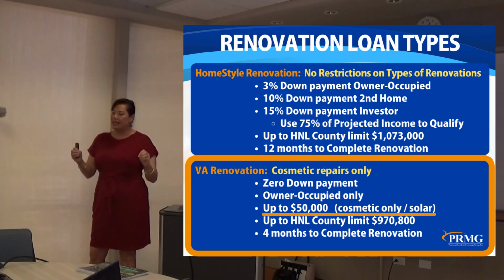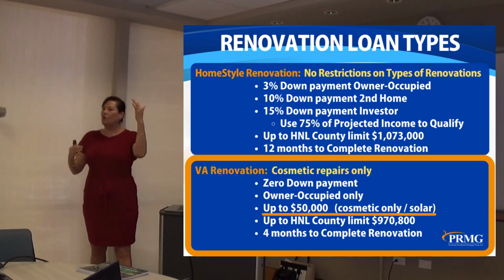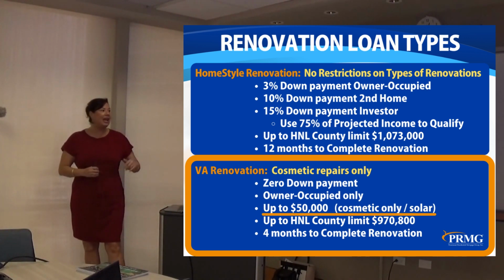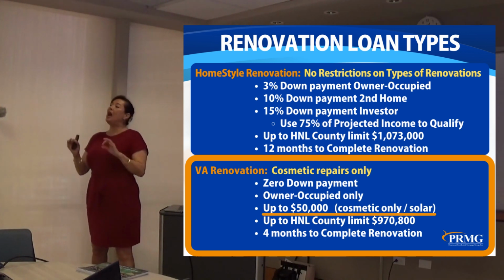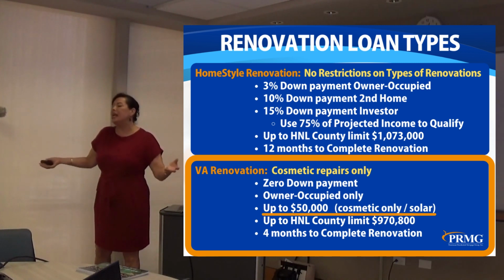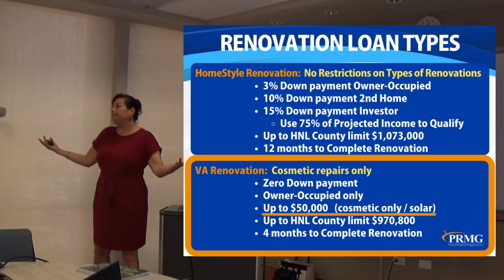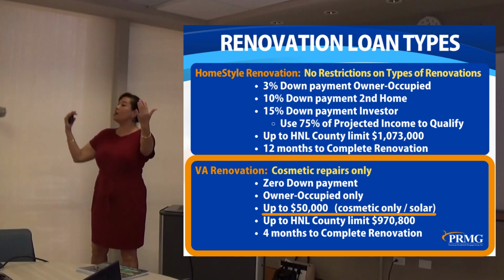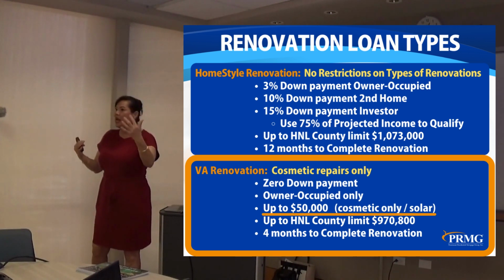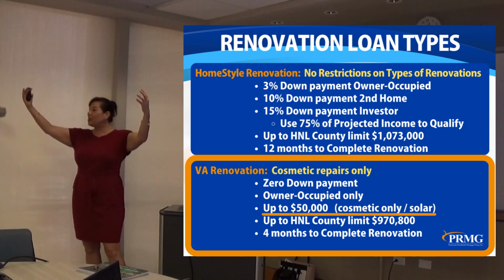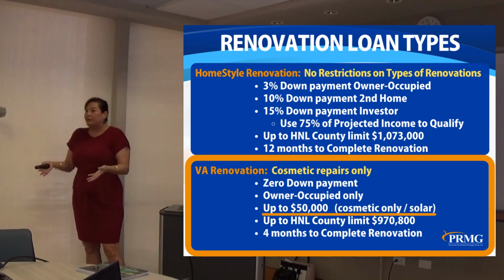So once again, not for major renovations when we're talking about a renovation loan for the VA. And the reason for that is because how long is a tour for a veteran, for the most part? 3 years. 3 to 4 years, depending upon their branch, right? So if it takes 2 years to get your permits, where are they going to live, right?